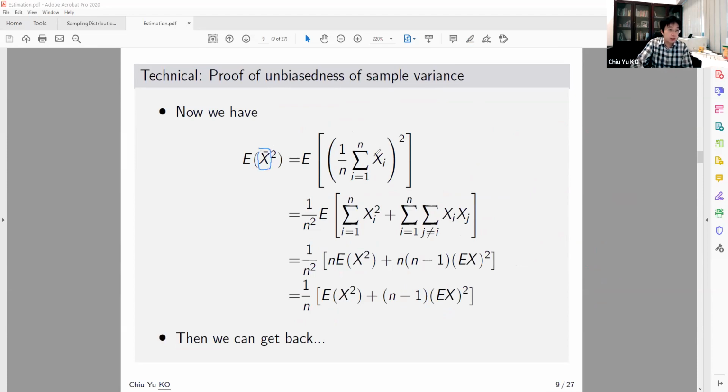The mean itself is summing all the observations divided by n, and this n squared can be taken out, right? You square it out, and what remains is the sum of the xi, which means x1 plus x2 and so on up to xn, all squared.